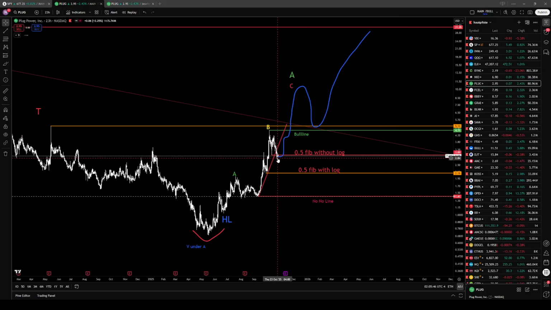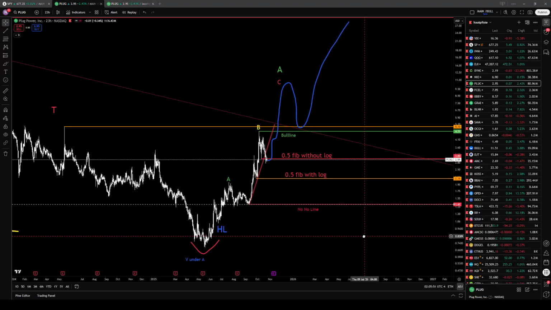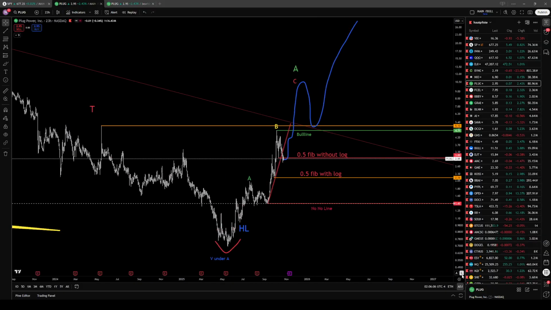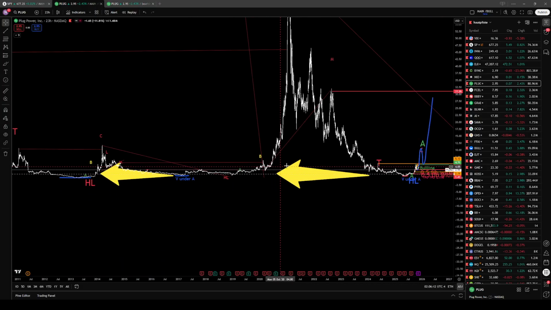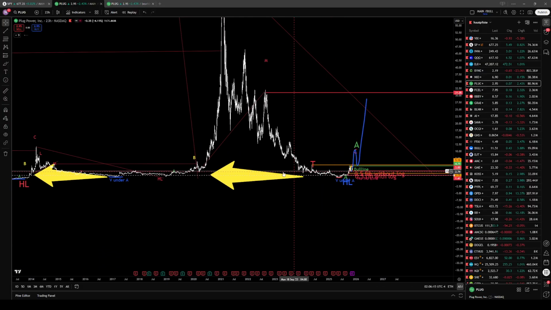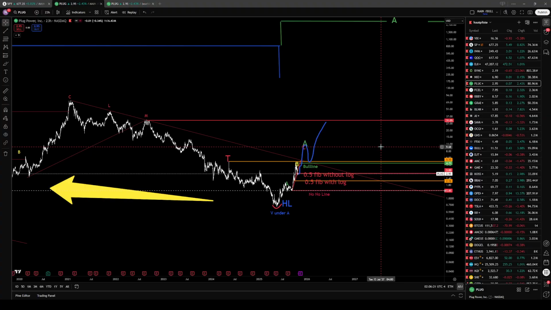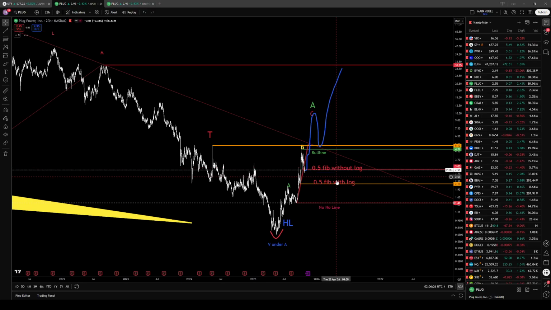We would already be in the bounce or close to the bounce. For being in the bounce, we're taking the 0.5 from the low of A to the B peak, and this is without log, because I'm looking at all my charts with log, because if you put that without log, you can't really track it. With log, you can track it, but there's an option for the FIB where you have the option with log or without log.